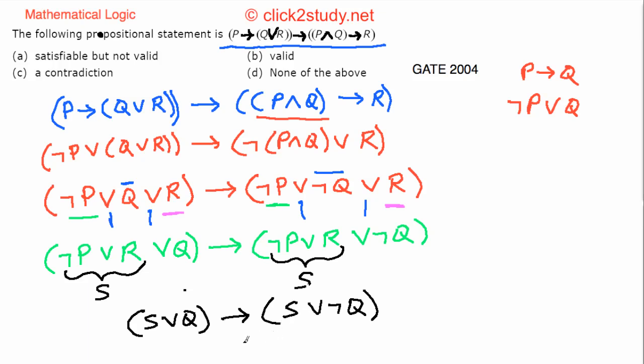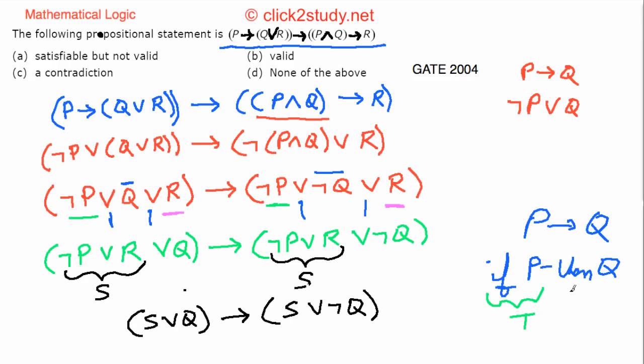Implication is basically if P then Q. If P is false, then the implication is true whether Q is true or false.